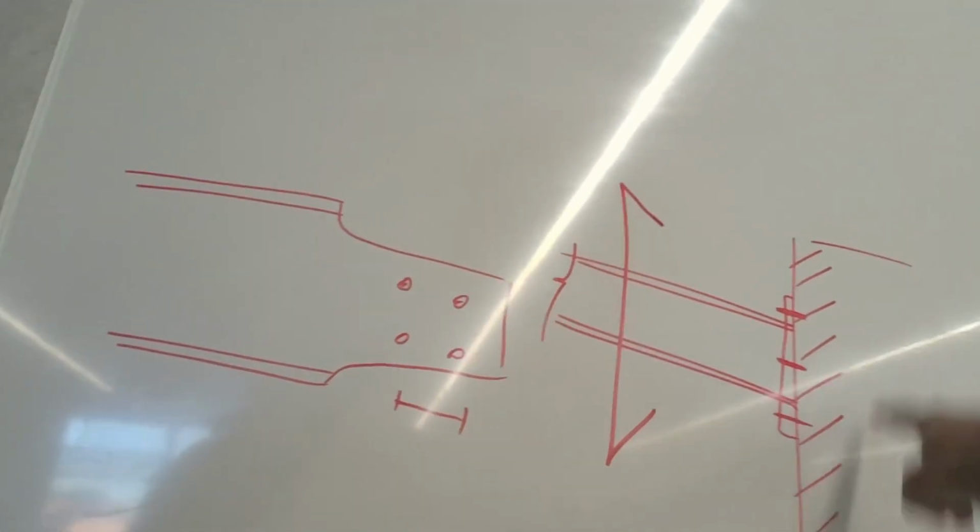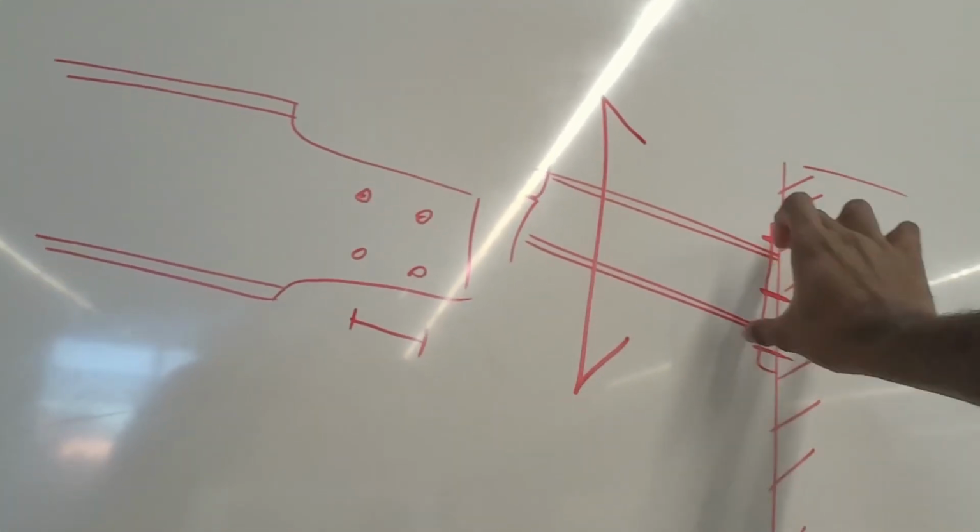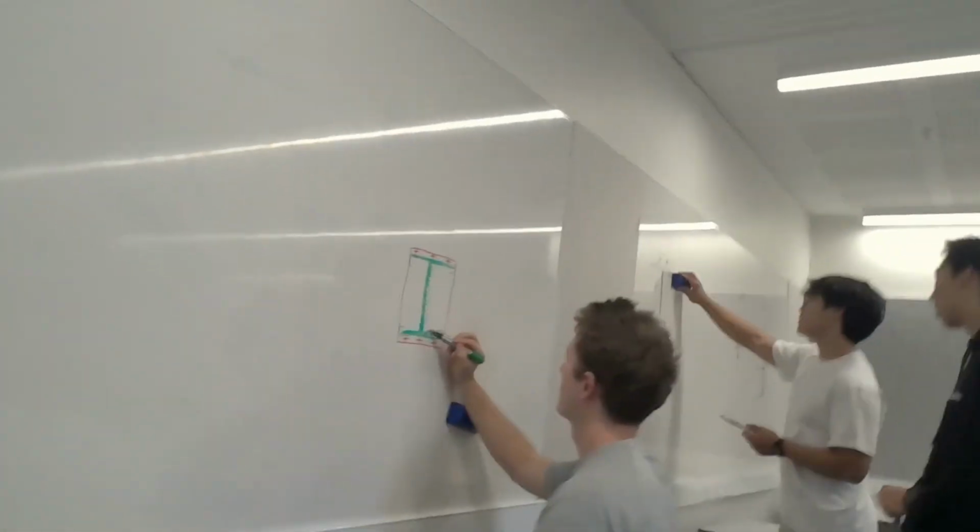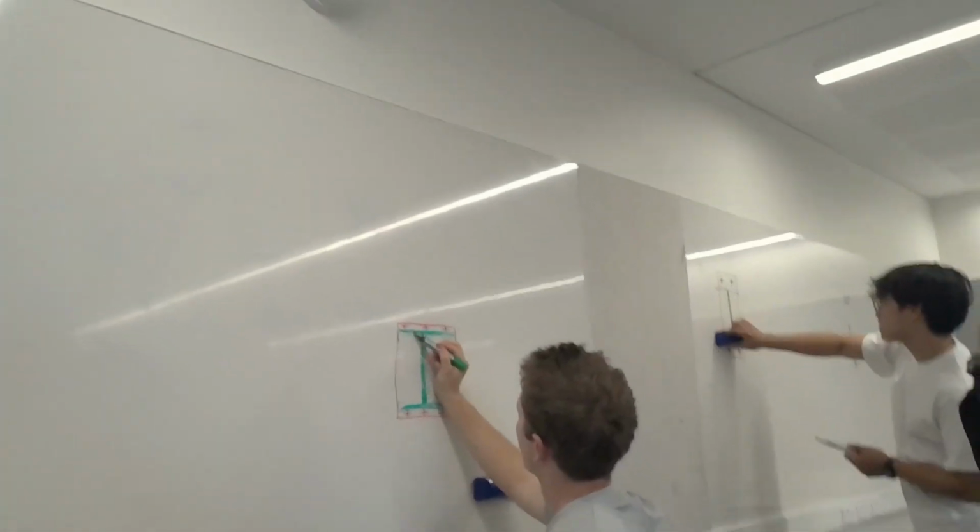So the scenario is here. We've got a wall here, and then an I-beam cantilevering outwards, and then there's a drawing connection for that. During the cross section, yeah.